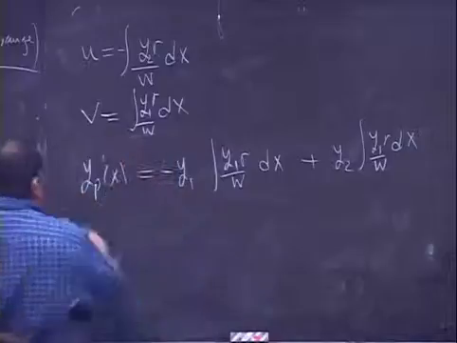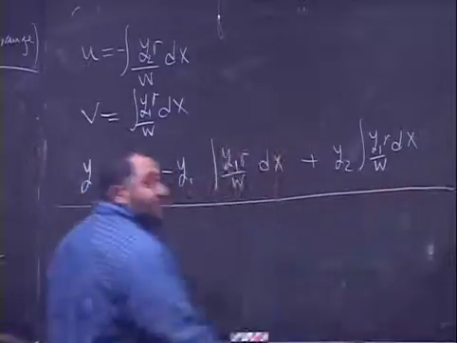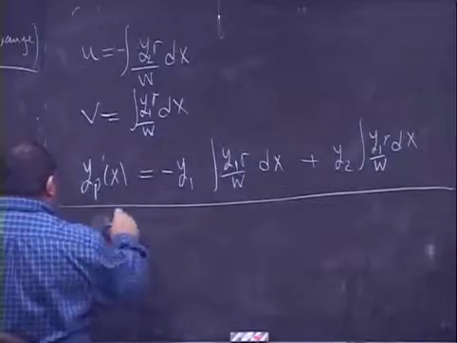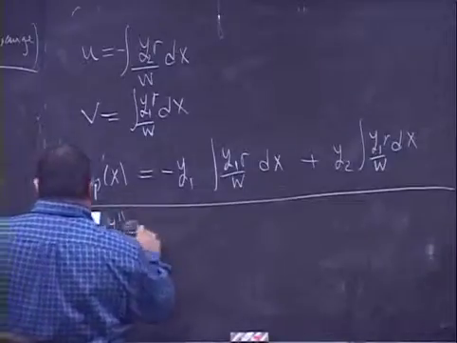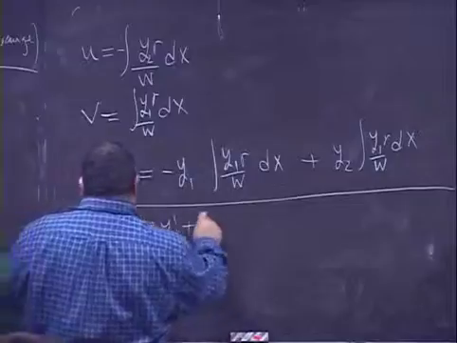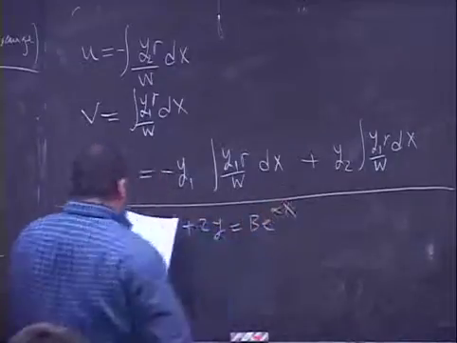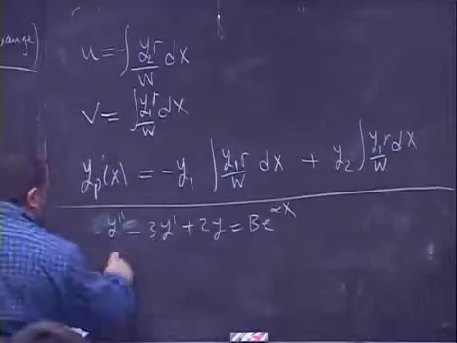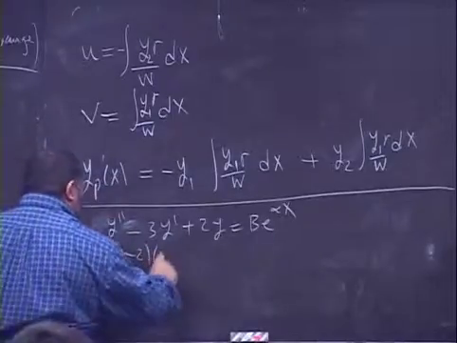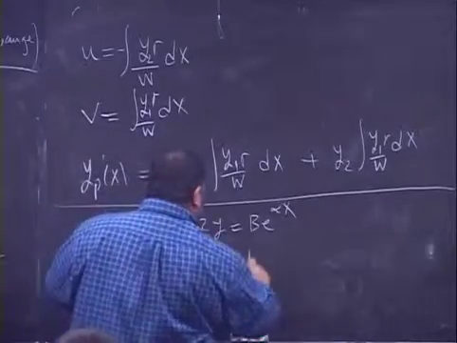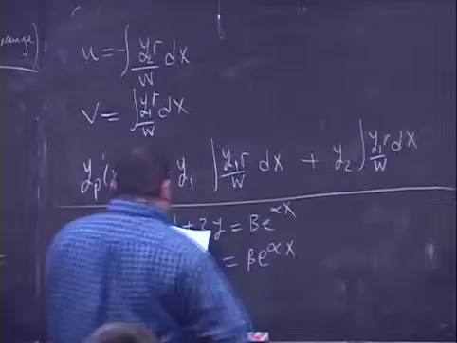Let's again apply this to the same example. Y double prime minus 3y prime plus 2y equals beta e to the power of alpha x. Again, (D minus 2)(D minus 1) y equals beta e to the power of alpha x.